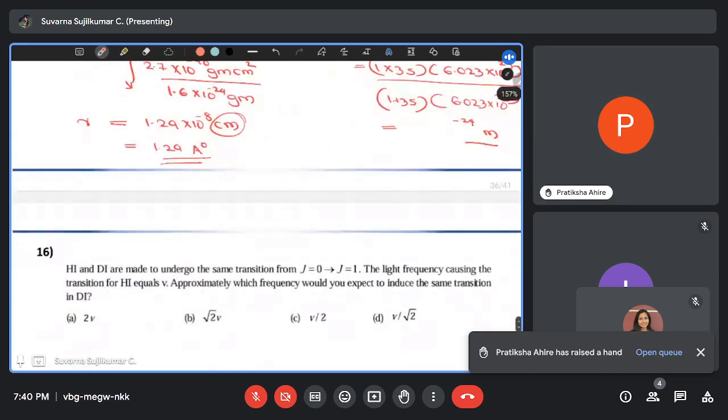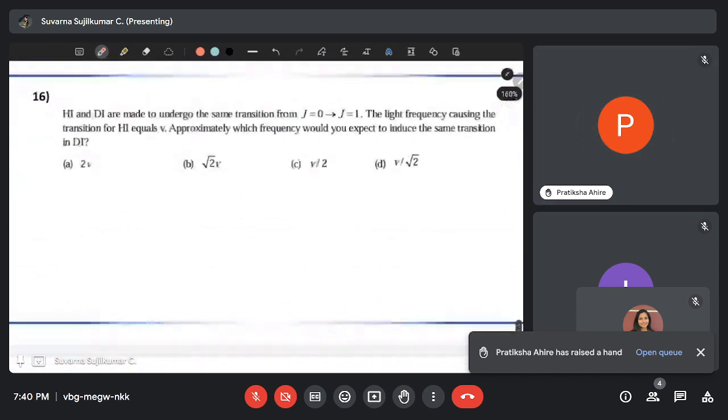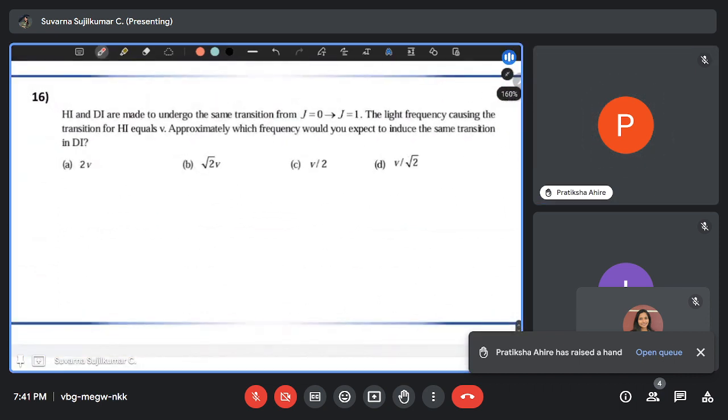The next question. HI and DI are made to undergo the same transition from J equal to 0 to J equal to 1. The light frequency causing the transition for HI equals 1.